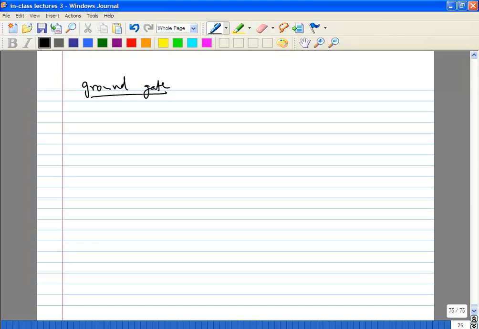So if you ground the gate, you get this. So this is your Colpitt's oscillator.